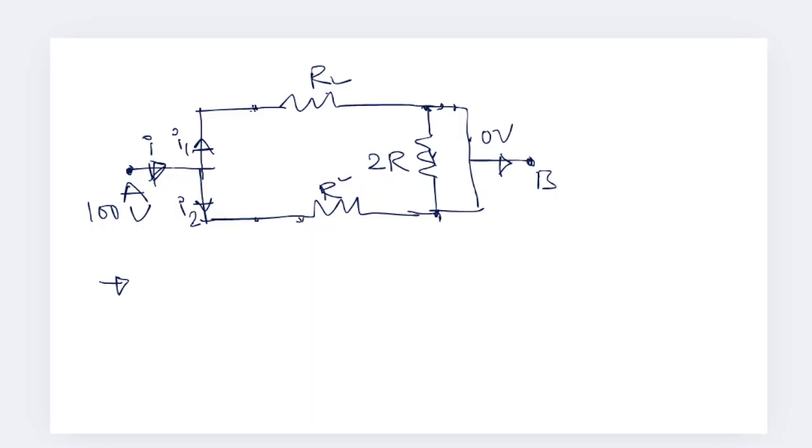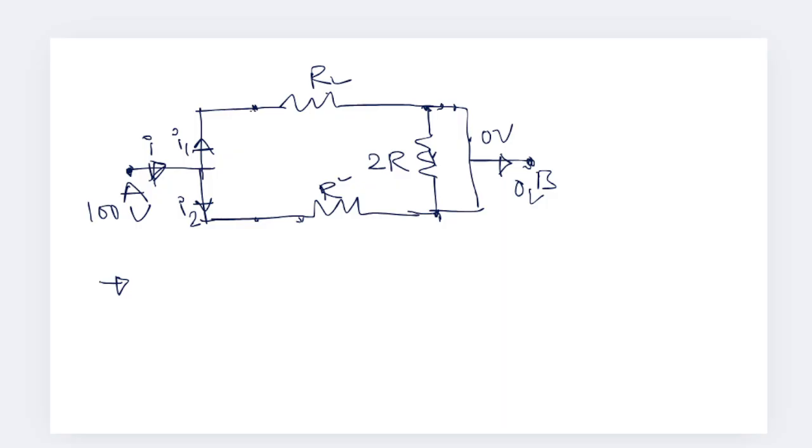Next, the potential difference across the 2 points is the same. From A to B, what is the potential difference? Here 0 volts, and the potential difference from A to B is 100 volts. So the potential difference across R1 and R2 is the same.